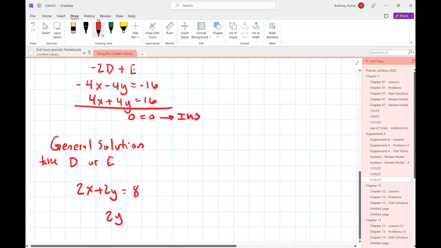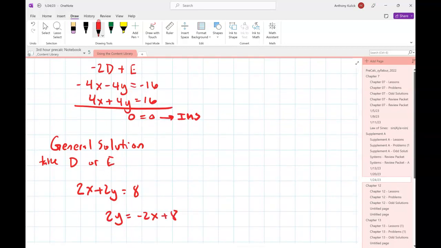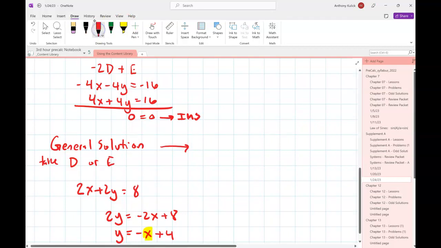So I'll subtract 2X from both sides. And then divide by 2. In this situation, I've written Y in terms of X, correct? So X is the independent variable in my general solution. So where there's an X, I'm just going to write the letter X.